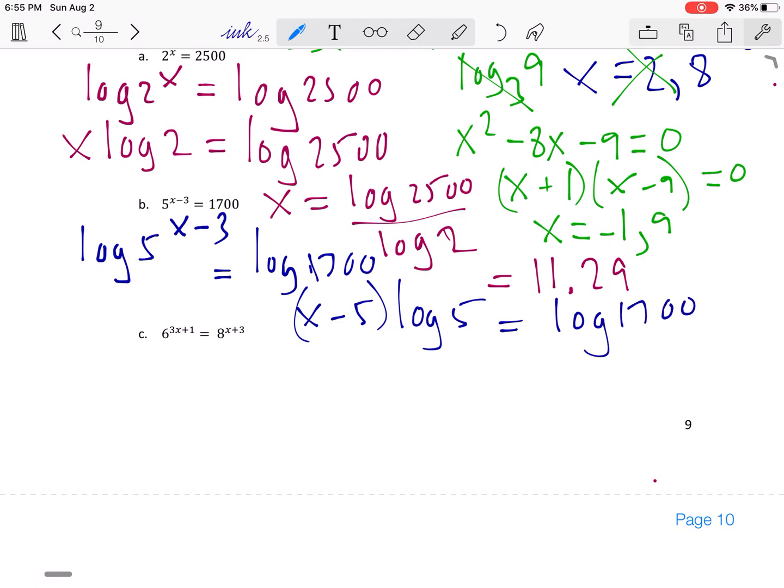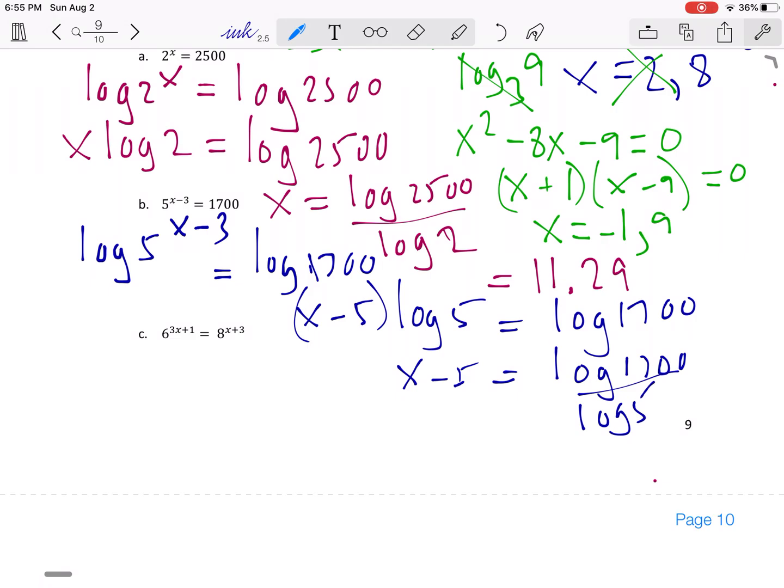Okay, and so now what we do is we leave the x minus 5 on the left-hand side, and then we've got log of 1700 over log of 5.